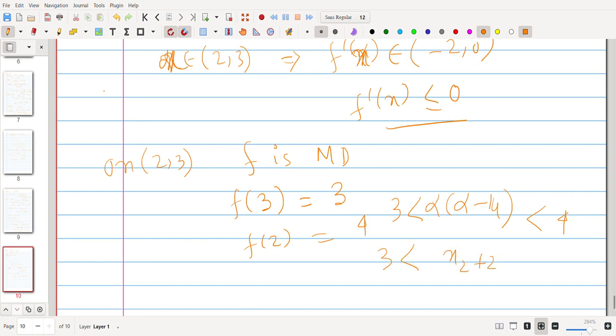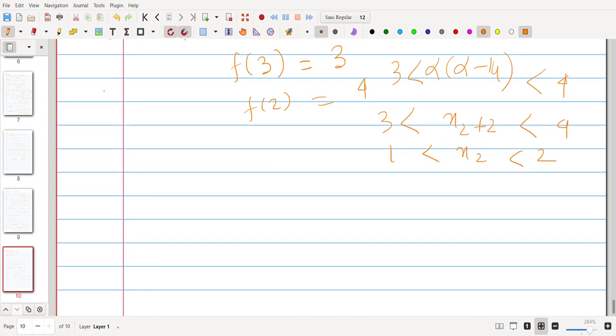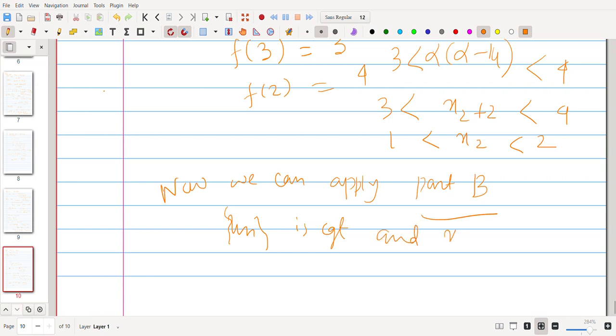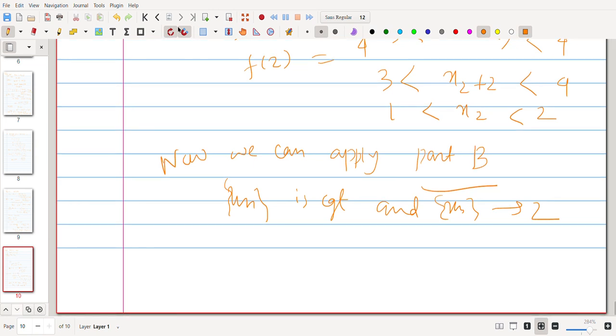That means 3 less than x2 plus 2 less than 4. That means 1 less than x2 less than 2. Then we will have the same thing we have already done. Now we can apply the argument from B to argue that x_n is convergent and x_n converges to 2. So option C is also correct.